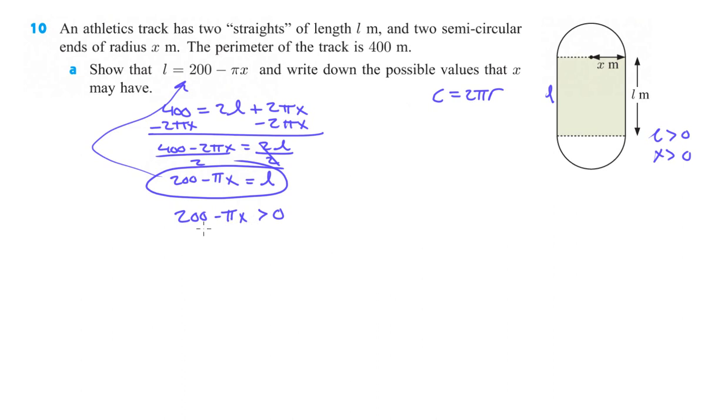Okay, so if we want to solve for x here, let's do this. I'm going to add pi x to both sides so that, since I'm not multiplying or dividing by a negative, I don't have to mess with my inequality. So 200 has to be greater than pi times x, so we divide both sides by pi, and we get that x has to be less than whatever 200 over pi is.